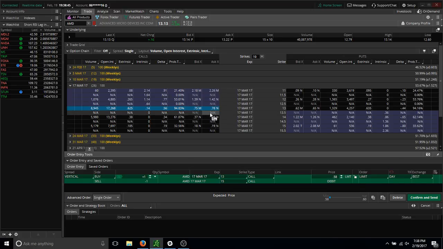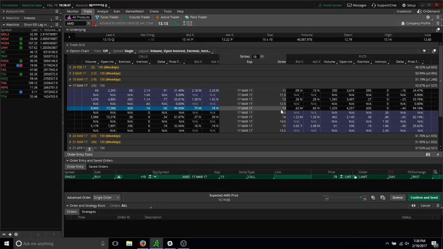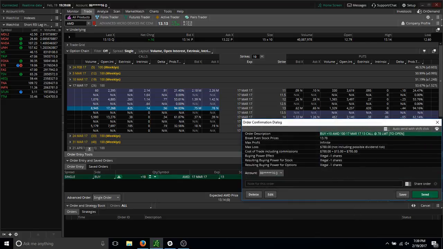But generally I do one in the money, so 13, and one out of the money. Usually I want a $2 wide spread, and I want this price right here to be $1 or less. That is because, excuse me, we'll hit confirm and send here.